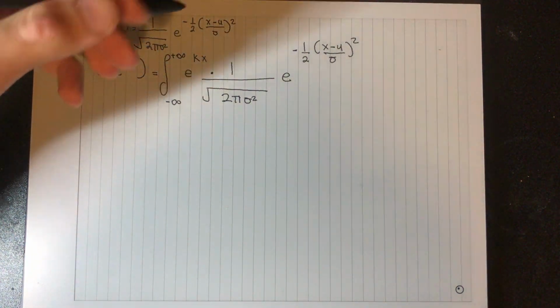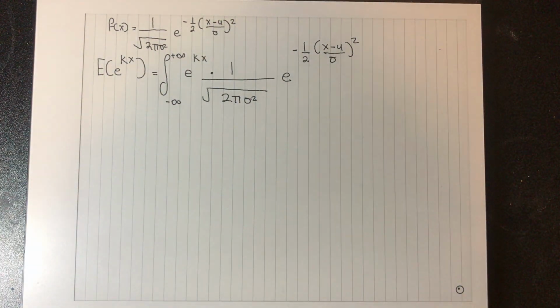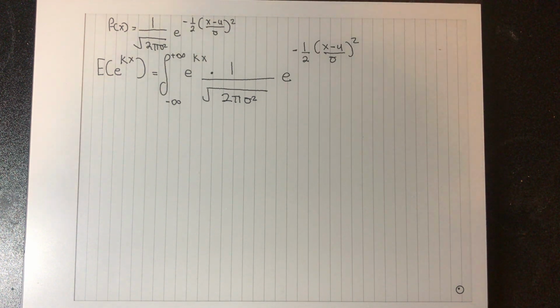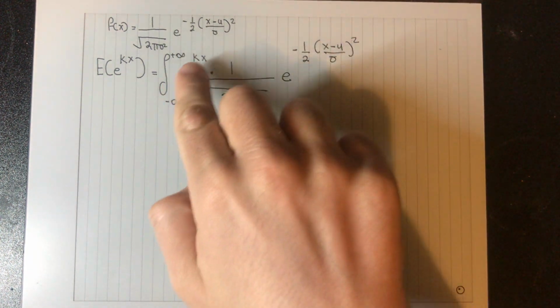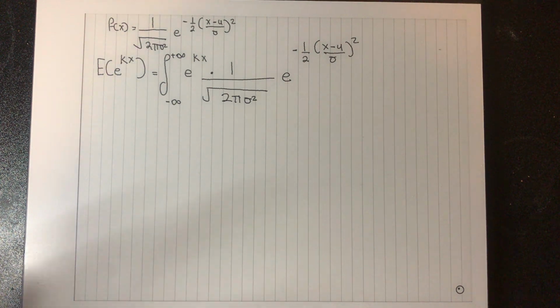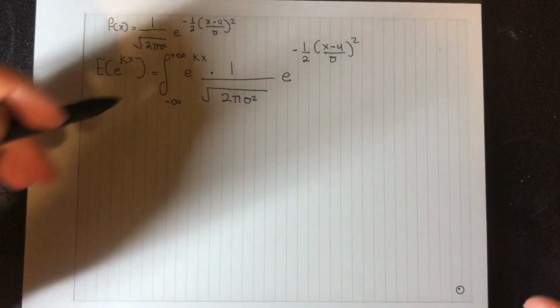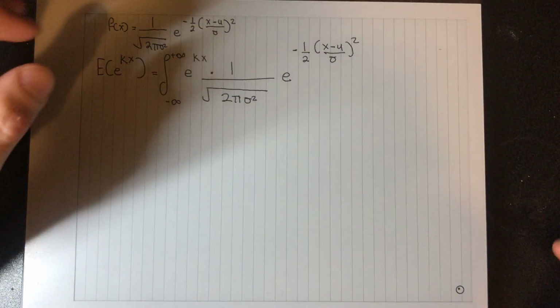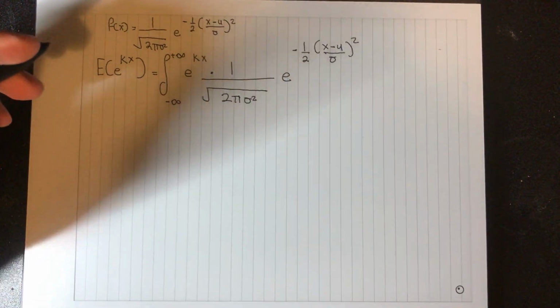So basically we're going to combine the exponents together, and the main goal is to figure out a way where we can get this format to evaluate the normal distribution even after adding kx to the exponent. So let's just simply focus on the exponent part. We will ignore the integrals and the 1 over the square root of 2 pi sigma squared, and we'll just focus on the exponent part of it.